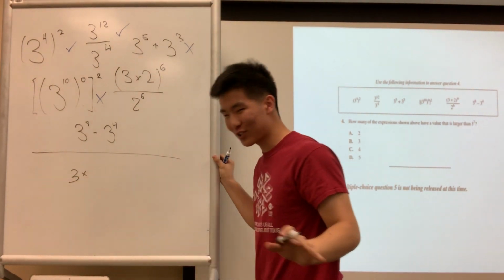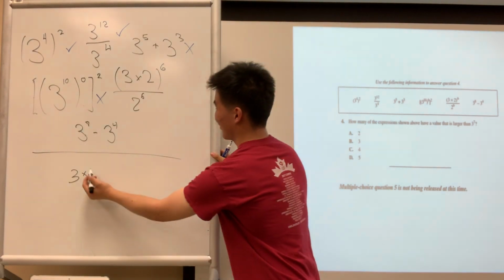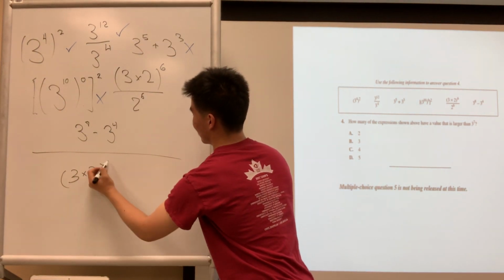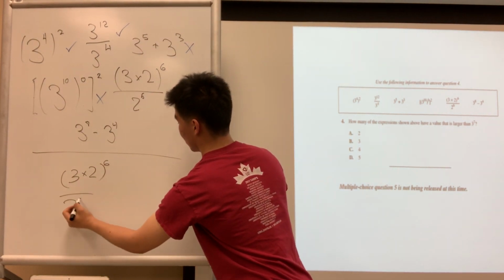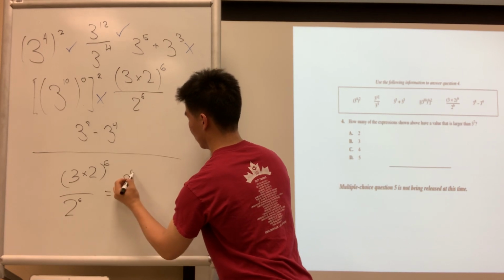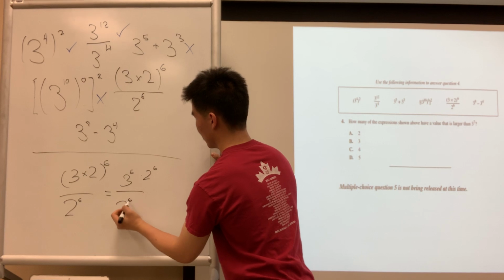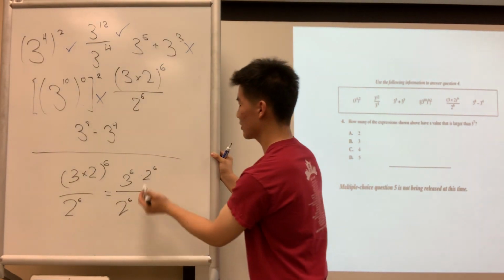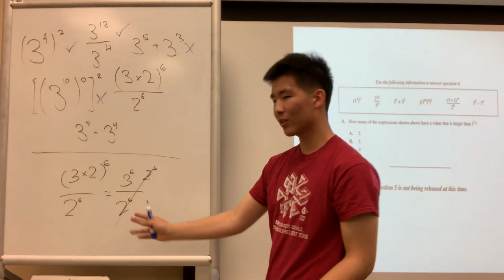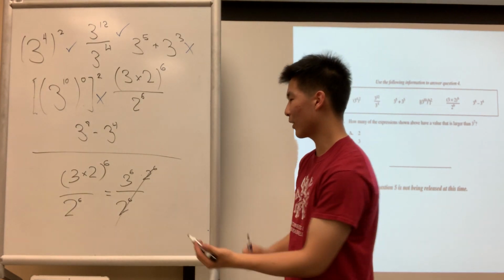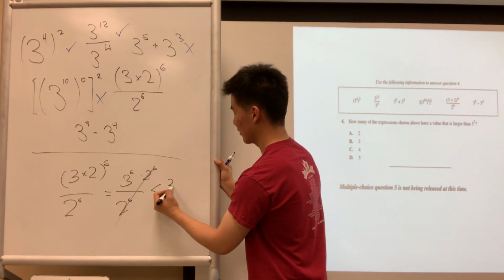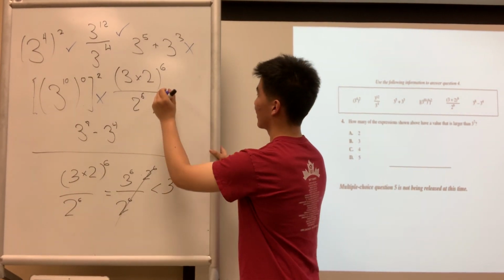This doesn't work with addition, by the way, so don't get tripped up with that. But you get something that looks like this. And we see the 2 to the power of 6 on both sides, so we can just cancel them out. But all we're left with is 3 to the power of 6, which is clearly less than 3 to the power of 7. So that one's also an X.